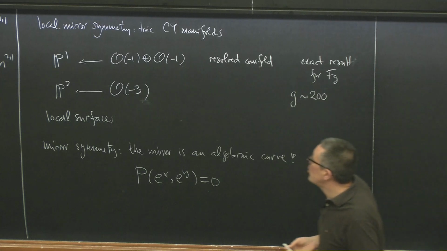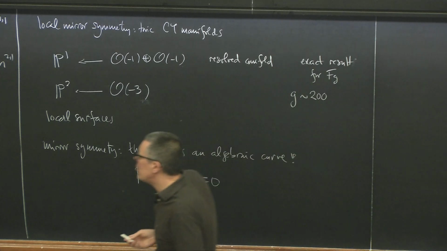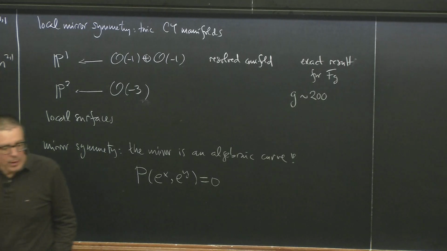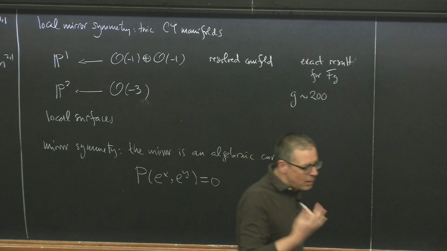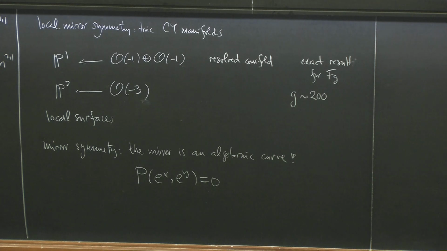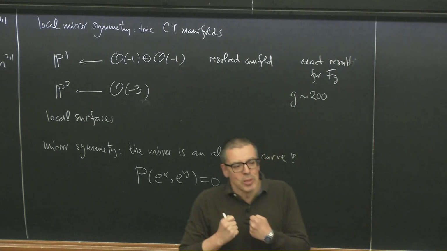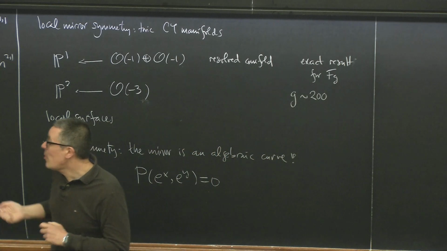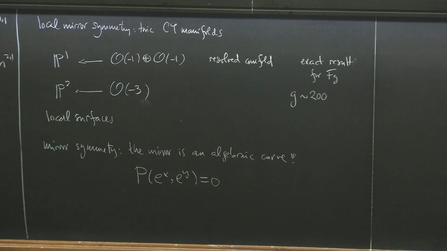Even in the case of compact Calabi-Yaus, there were very significant developments led in particular by my colleague and friend Albrecht Klemm. One of his obsessions has been to push this calculation to higher genus. Now even for the quintic, you can get to genus 60.